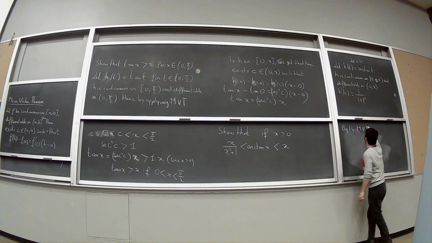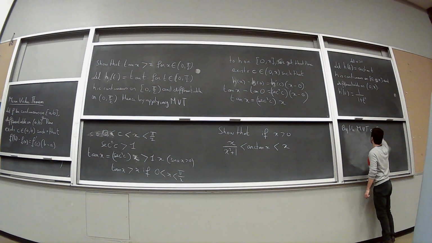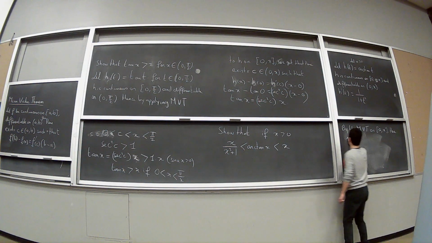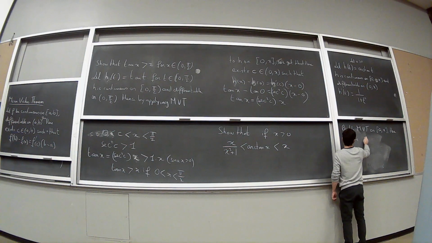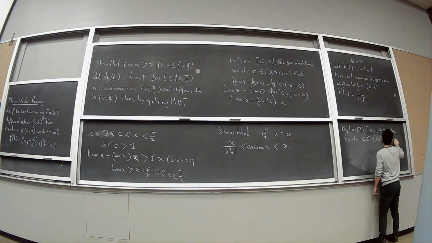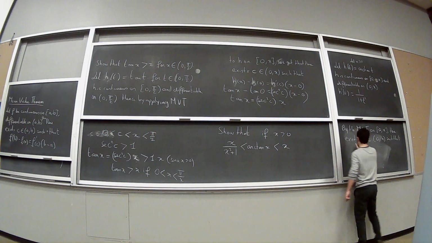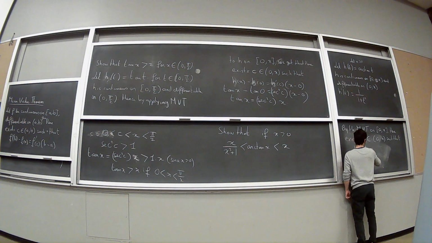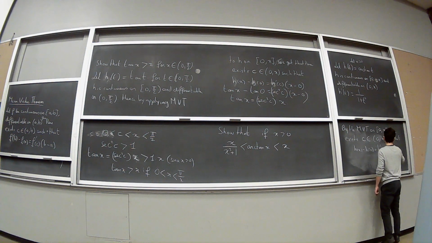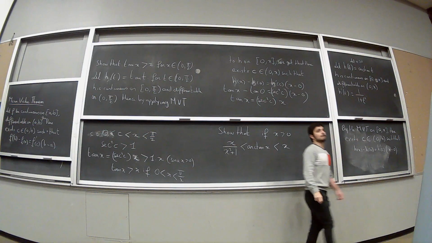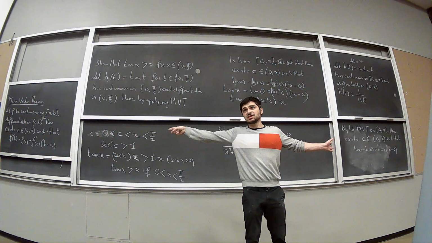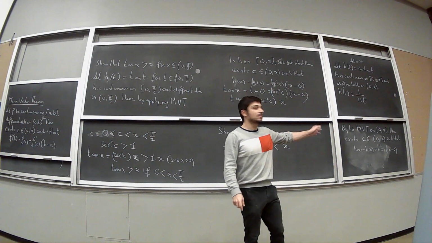By the MVT on 0x, there exists c inside the open interval 0x such that h of x minus h of 0 is equal to h prime of c times x minus 0. Agree or not? Yes or no? I just copied this statement. h of x minus h of 0 is h prime of c times x minus 0.